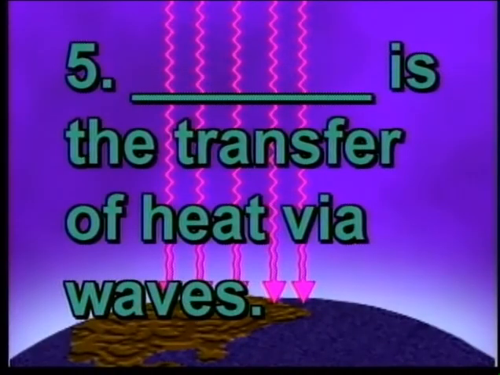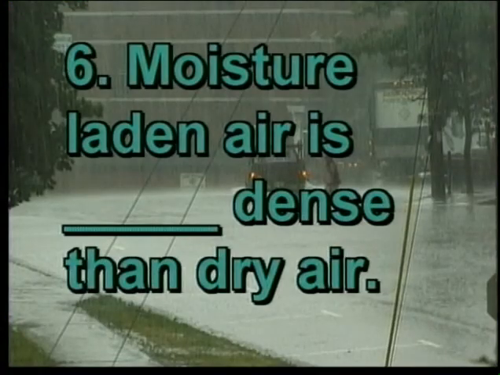Number 5, blank is the transfer of heat via waves. Number 6, moisture-laden air is blank dense than dry air.